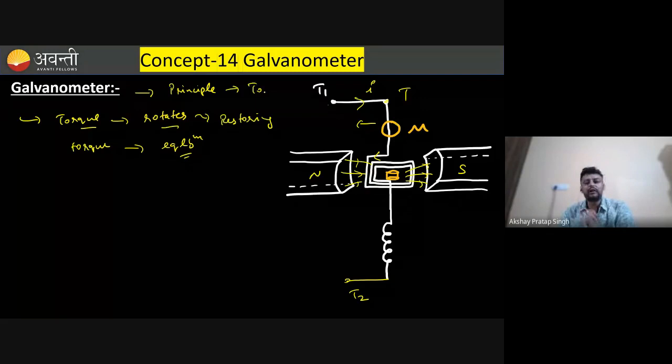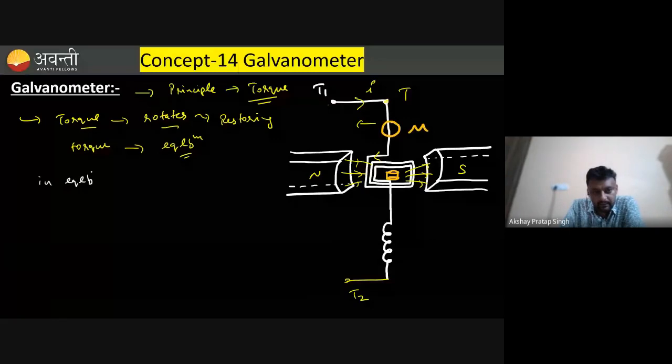If you can see further, the torque generated in the coil becomes equal to the restoring torque when the coil is rotated by some angle theta. The restoring torque will be k theta, where theta is the angle twisted and k is the torsional constant.